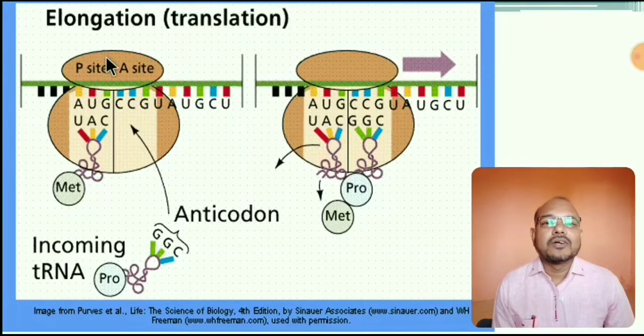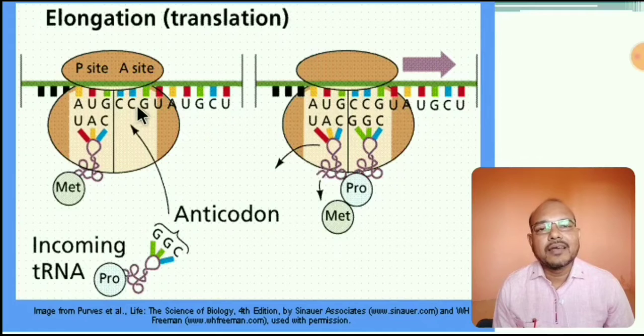In elongation in translation, there are the P site, A site and E site. The P site is the peptidyl site. The A site is the acceptor site, where the tRNA brings the amino acid, and the anticodon region binds to the codon on the mRNA.